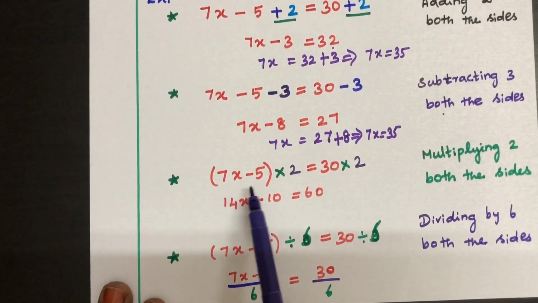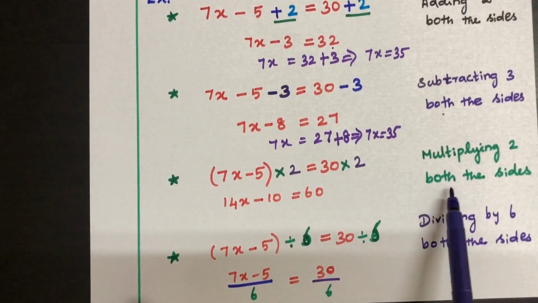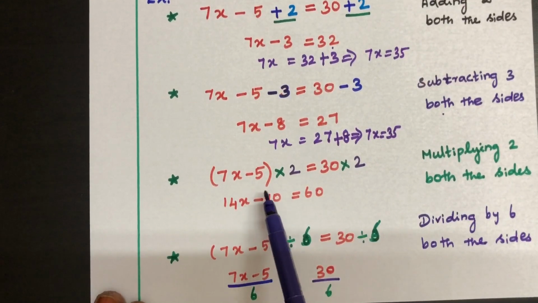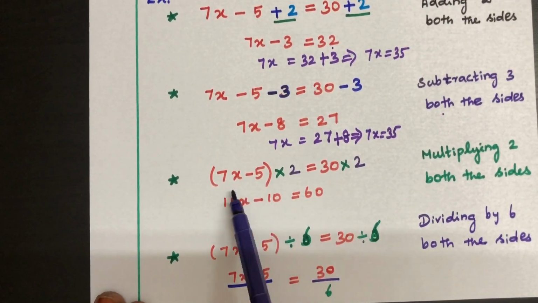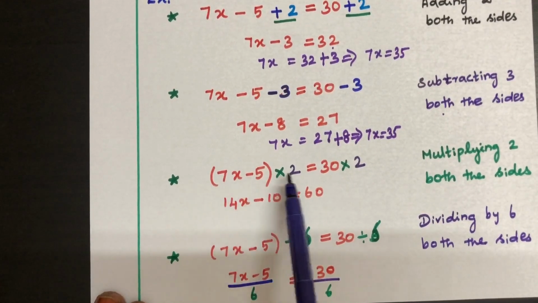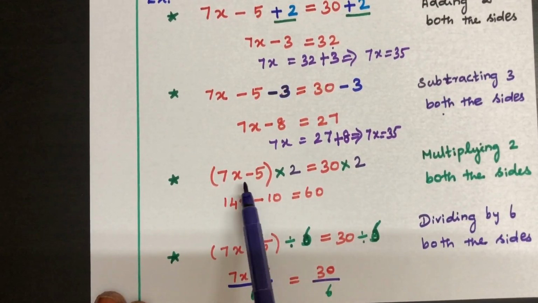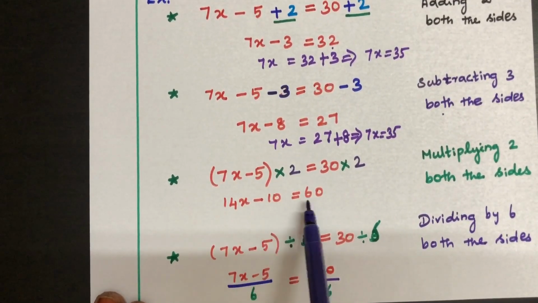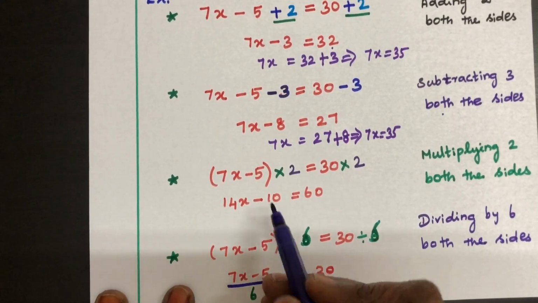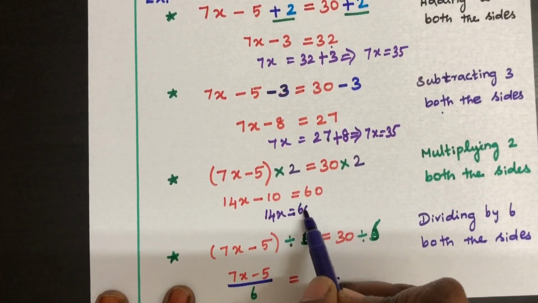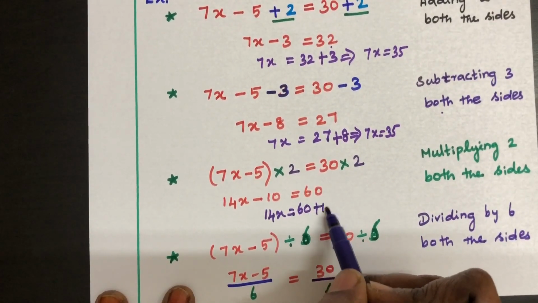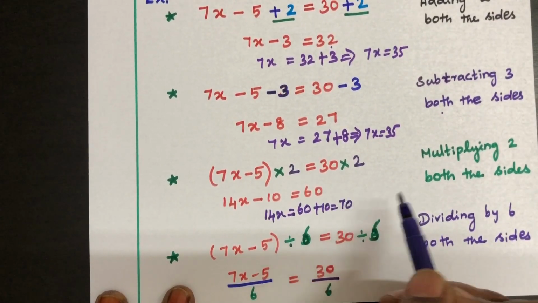Now, 7x minus 5, multiplying by 2 on both the sides. I am multiplying by 2 here, and here also. Now 7x into 2 gives us 14x, minus 5 into 2 is 10, equal to 60. Now see here, 14x equal to 60 plus 10, which is 70.